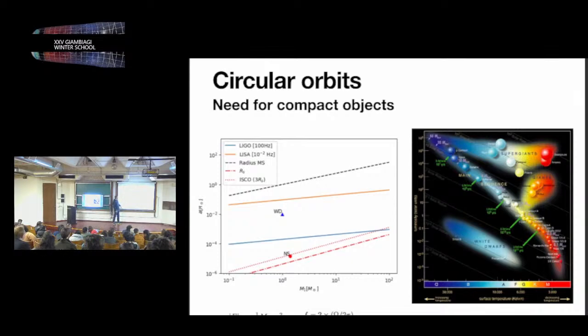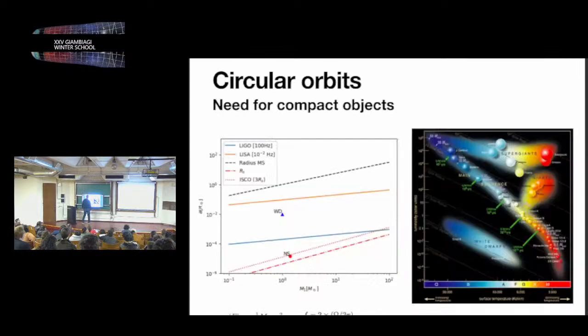The other one is called the last innermost stable circular orbit. If you have two masses, the last stable circular orbit in a binary is just a multiple of the Schwarzschild radius, so these two lines are the same. So the conclusion from this plot: sources for LIGO and LISA have to be compact objects, either black holes, neutron stars, or white dwarfs. Very simple estimate.